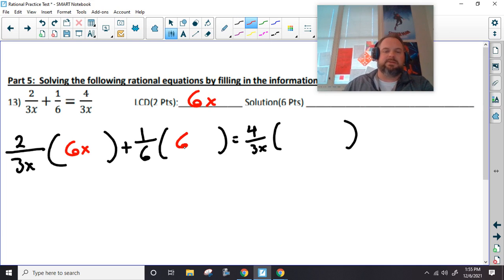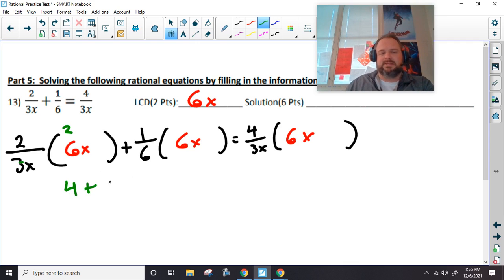So we do the same thing. All right. So over here, the x's will cancel. And if I multiplied this, it wouldn't matter because 3 will go into 6 two times. So you actually end up with 2 times 2, which is 4.